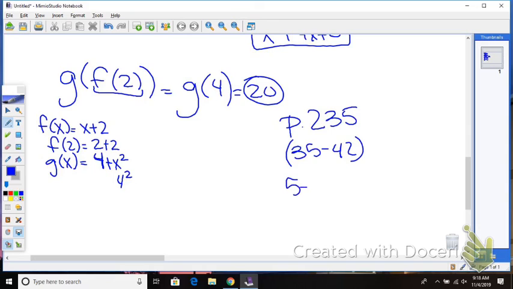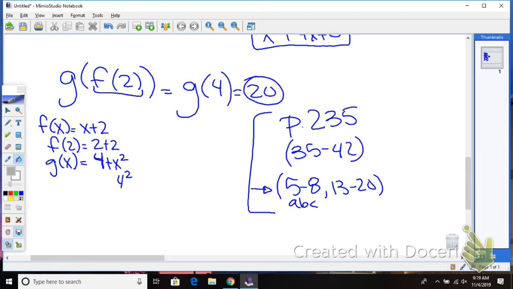And 5 through 8 is ABC, not the rest. This is what I'm checking off at the end, but this was Friday's. I would probably start with the lesson you just saw. Start with the last part of it and then do the other part if you have time.